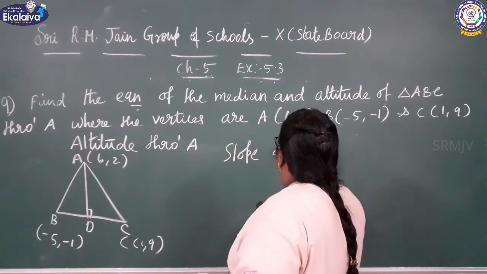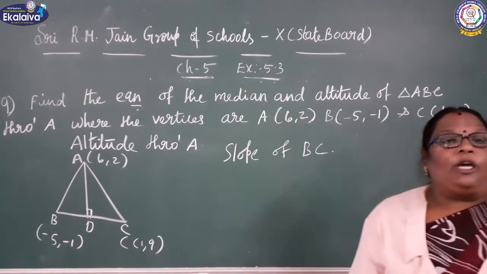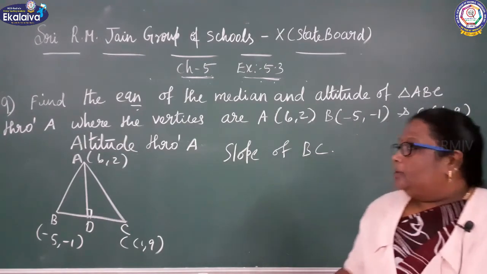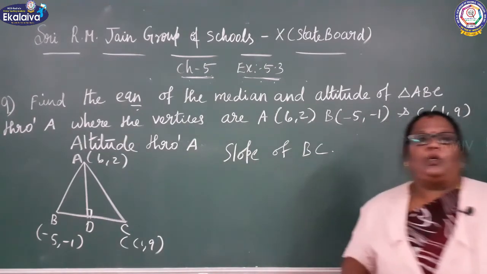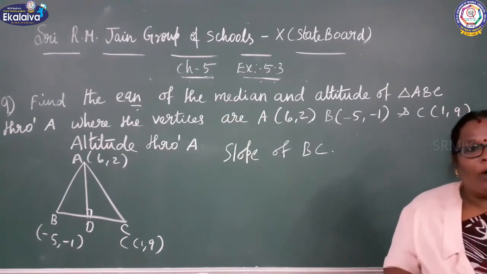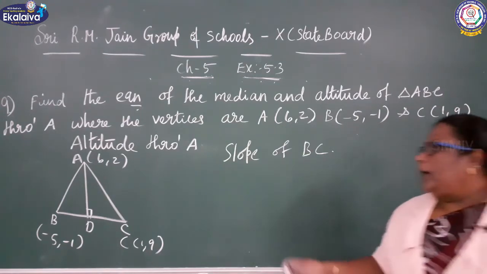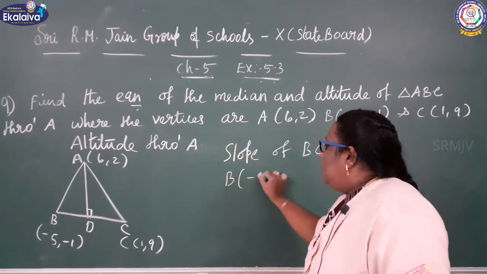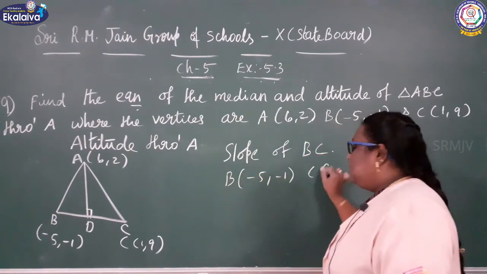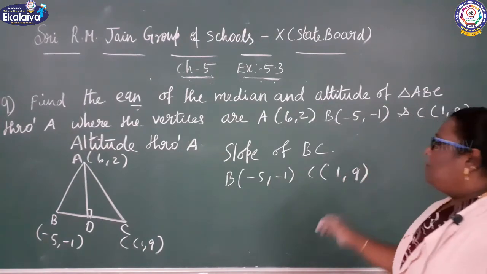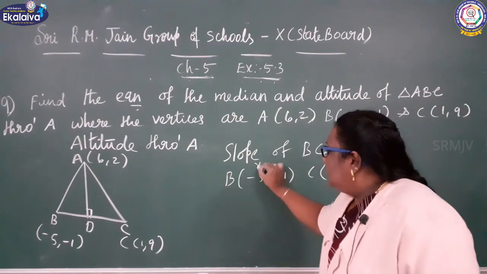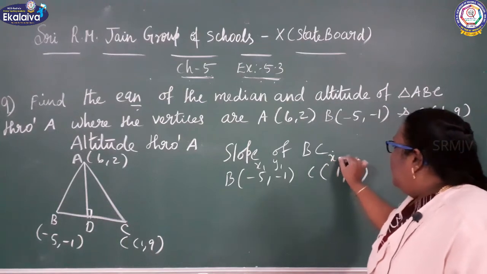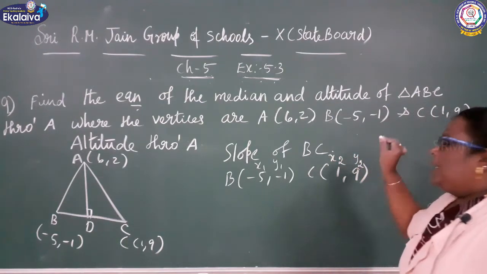Slope of BC: the slope of the line passing through 2 points, x1, y1 and x2, y2. What is the point? B point is minus 5, minus 1. C point is 1, 9. This is x1, y1, x2, y2.